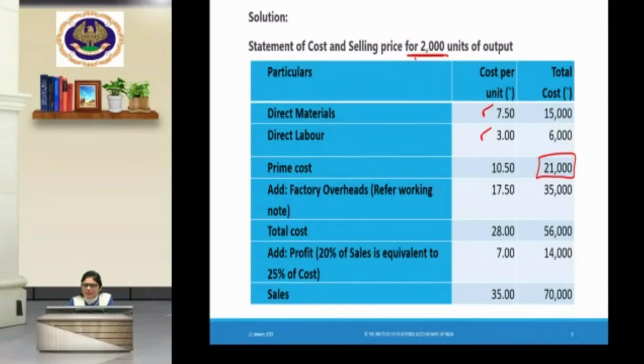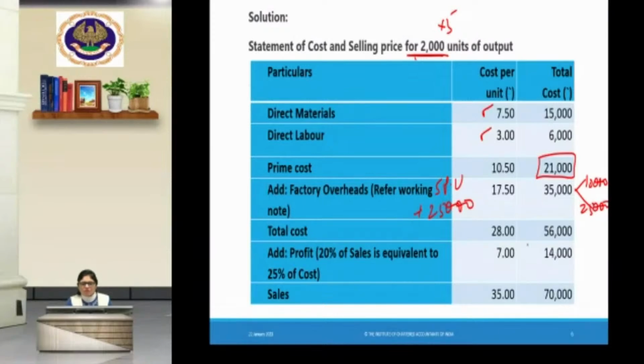Factory overheads means 5 per unit is the variable, plus 25,000 is the fixed cost. So factory overheads are 35,000. How have we calculated this? 25,000 is straight away fixed cost. And what is variable factory overheads? 5 per unit, so 2,000 into 5. So 10,000 is your variable factory overhead and 25,000 is your fixed factory overhead, which we have calculated. So this is the total cost.